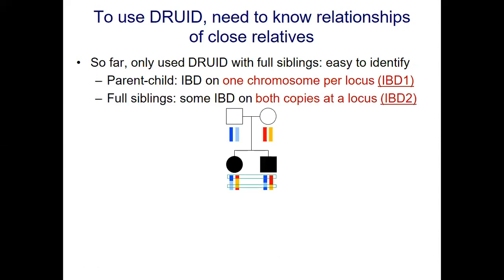But a distinguishing feature of full siblings is that there are regions where both of these individuals share both chromosome copies identical with one another. So shown here, highlighted in this box, at the top of the chromosome, these two siblings share a dark blue and a red region identical, and then in the middle there's a light blue and an orange region that are both inherited by these two siblings.